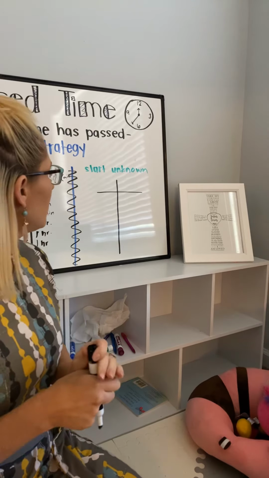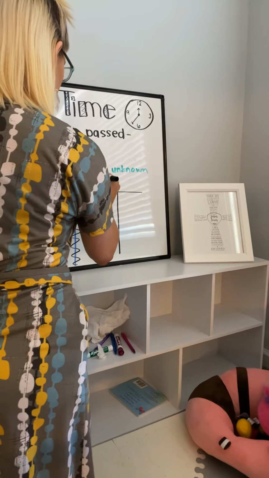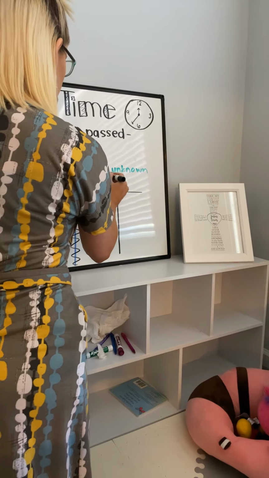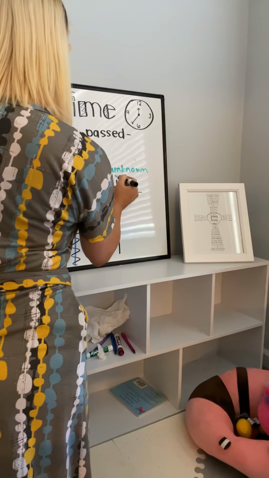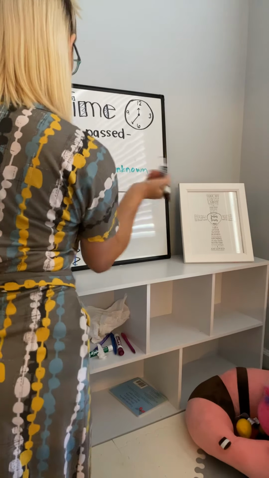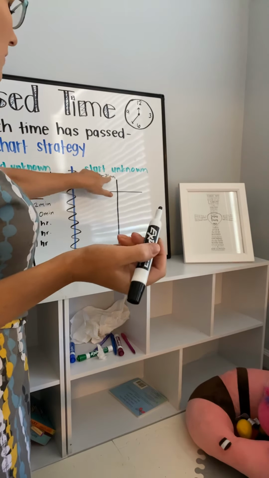With the start unknown, that means that we are given the elapsed time. So I'm going to do my EL, and we'll just say it's 1 hour, 31 minutes. Okay, so we know our elapsed time is 1 hour and 31 minutes.